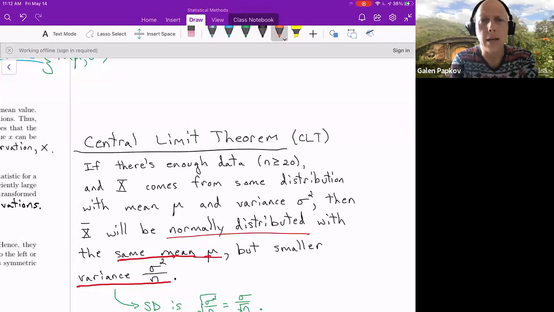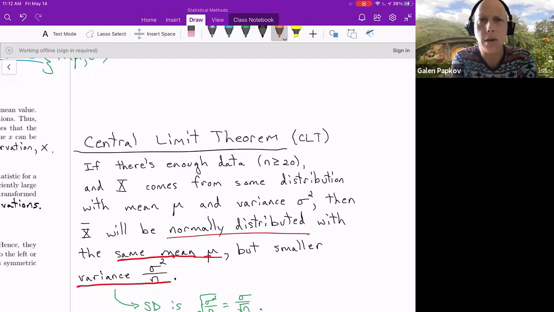So that's pretty neat. And this is informative, and it's unique because it's subtle in that it doesn't matter the shape of the distribution of the x's. Notice that nowhere in here does it say X has this type of distribution. It just says the mean and the variance are these, but X bar will be normal. That's important.